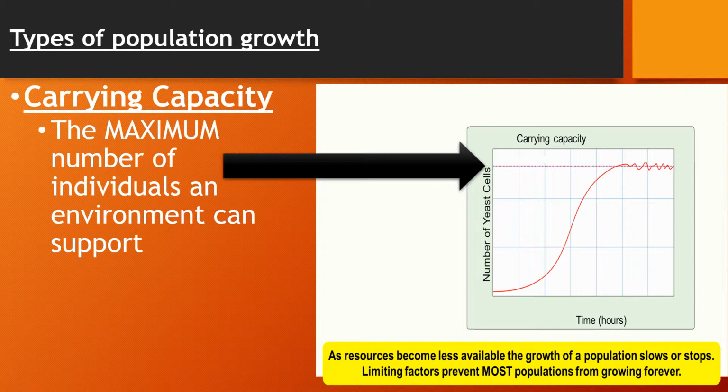And that's based off of these limiting factors, most notably food, shelter, things like that. Carrying capacity is what causes these organisms to stop growing. We cannot pass this. This is how much the area can support. The only way to change carrying capacity is to change what limiting factors you have.